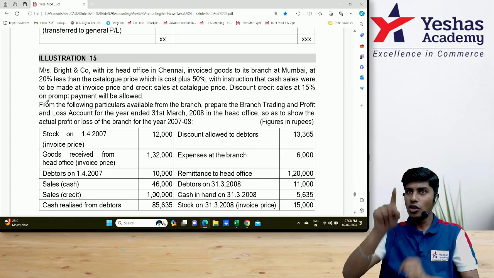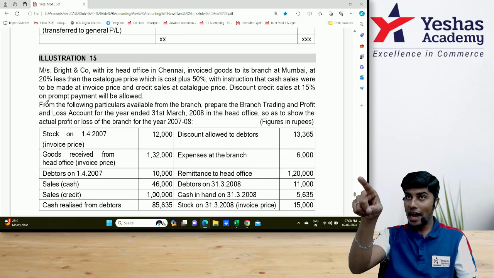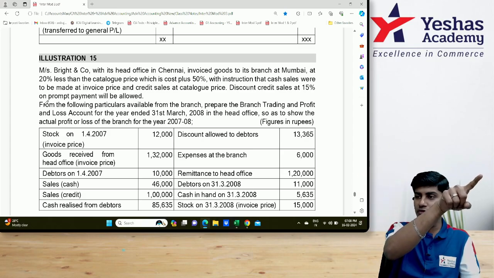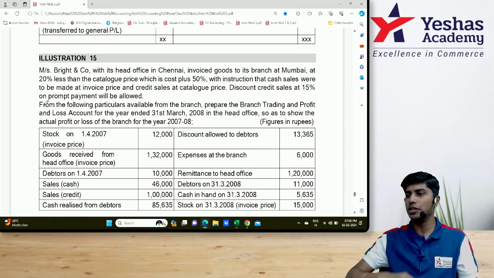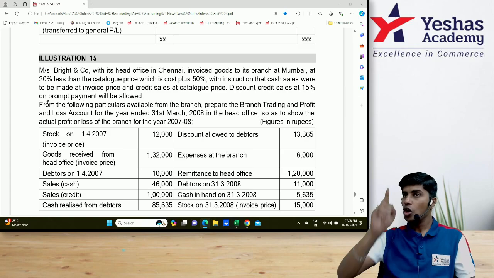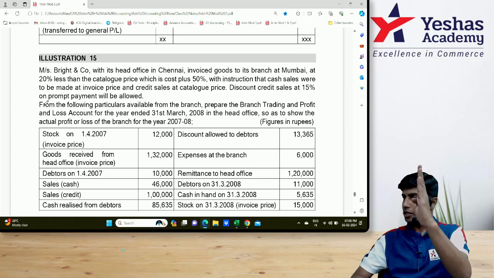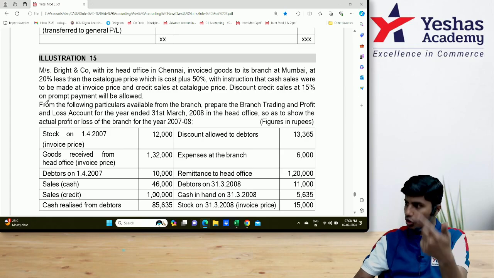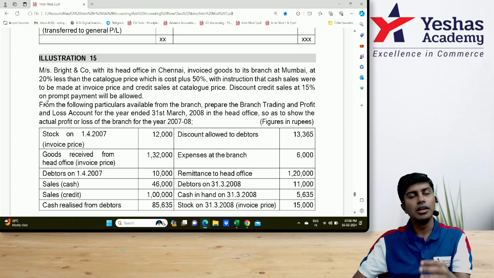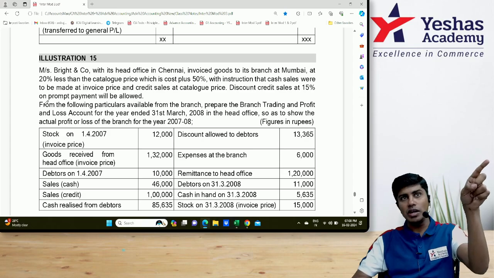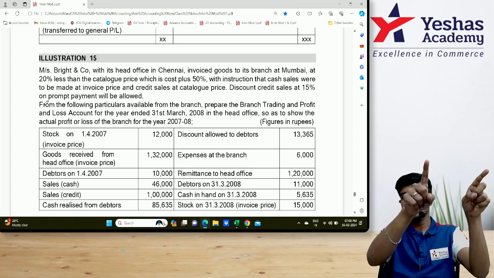So what will I do? Cost price 100. Add 50%, catalog price 150. Minus 20%, that is 30, if you deduct it, 120 invoice price. Once again, cost price, invoice price, catalog price, not in the order I like. Catalog price minus 20% is invoice price.